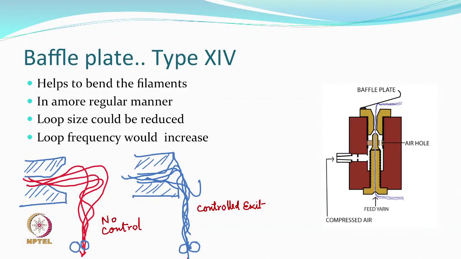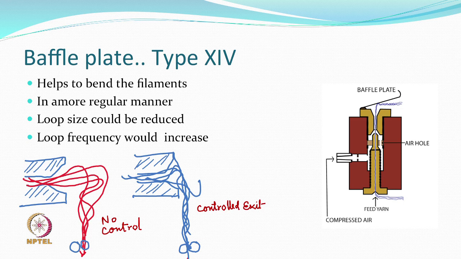So, if one uses a baffle plate at the end of the exit, a freely hanging baffle plate, what happens? Of course, the yarn is being withdrawn at right angle. Everything that is there will strike it and has to come down, it can't go further. It must strike because it is a hard rigid body.